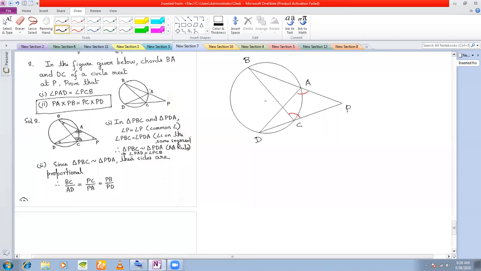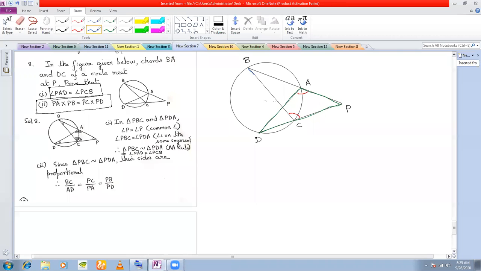If you see the first part of the question, they have mentioned these two angles. The first angle, PAD, is related to this triangle. Angle PAD is related to this green triangle. It is equal to angle PCB. PCB is related to which triangle?